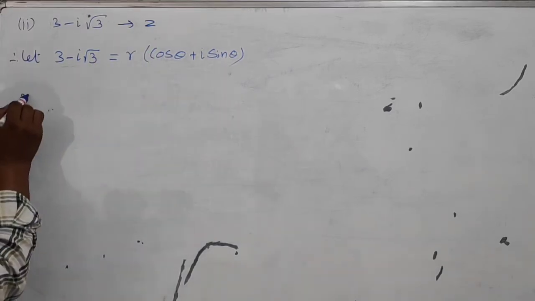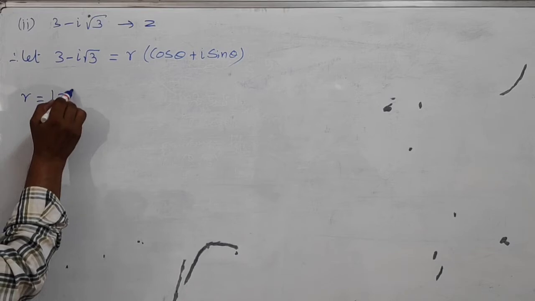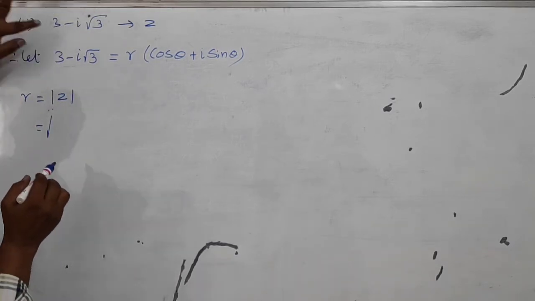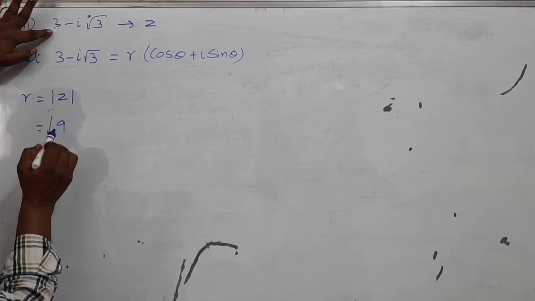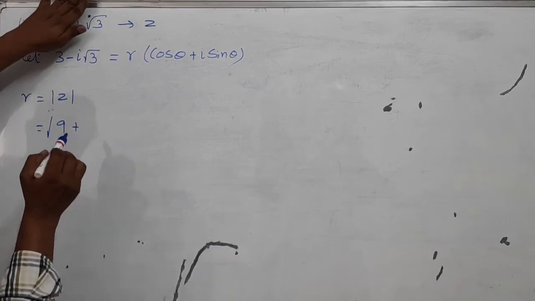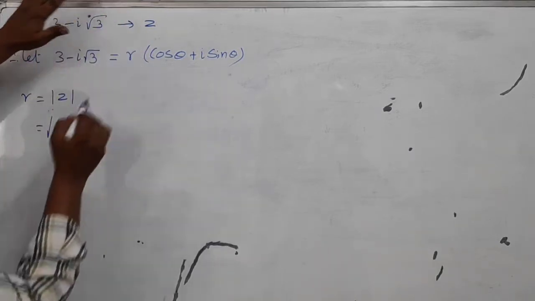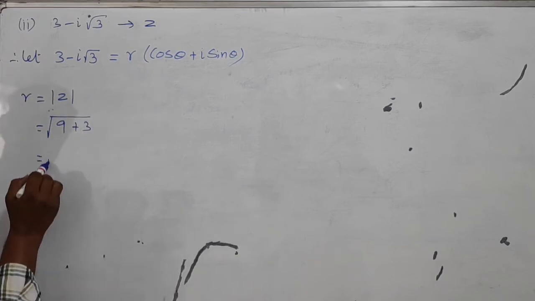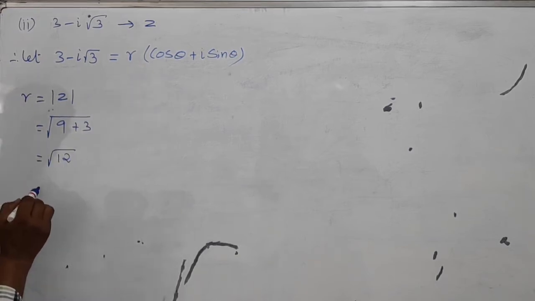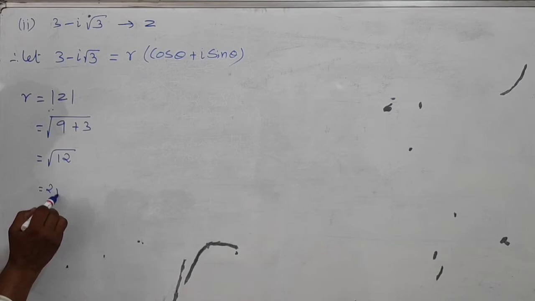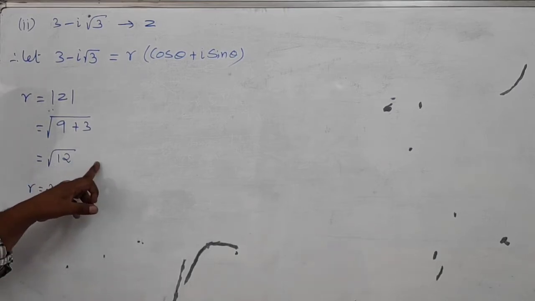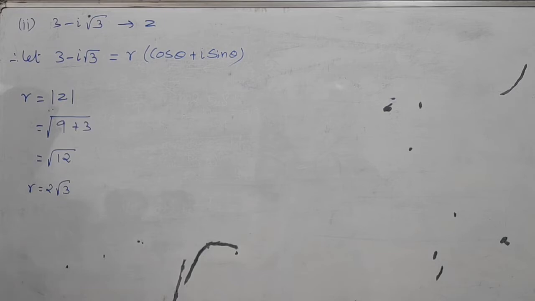We know that r is the modulus of z, which is the root of real part square plus imaginary part square. Real part square is 9 plus root 3 square is 3, which is root 12. This can be written as root of 4 into 3. The square root of 4 is 2, so r equals 2 root 3.